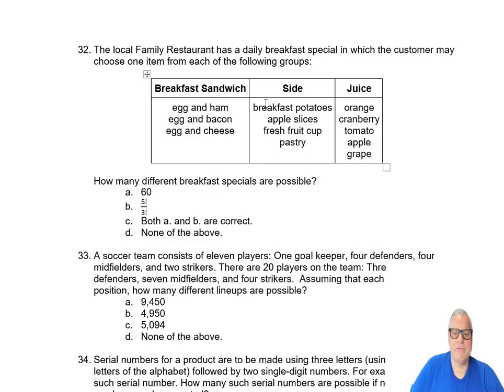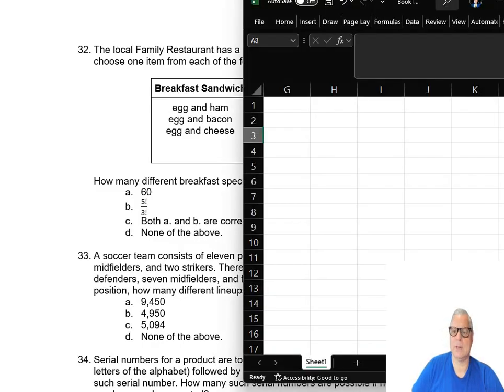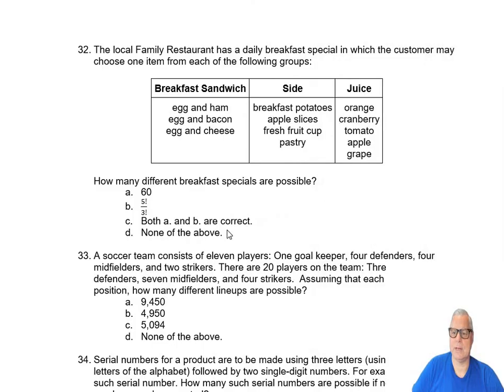Okay, so the local family restaurant has a daily breakfast special in which the customer may choose one item from each of the following groups. How many different breakfast specials are possible? Let me do that in Excel. Well, let's first do it. We can choose from 3 breakfast sandwiches, we can choose 1.